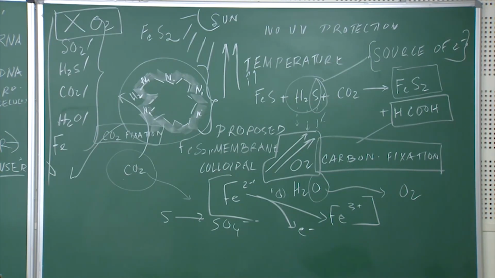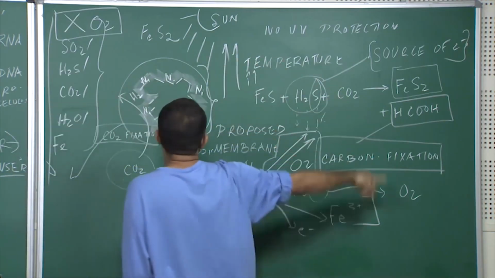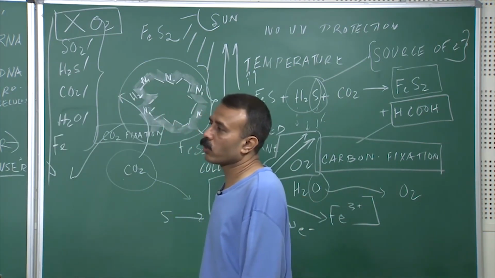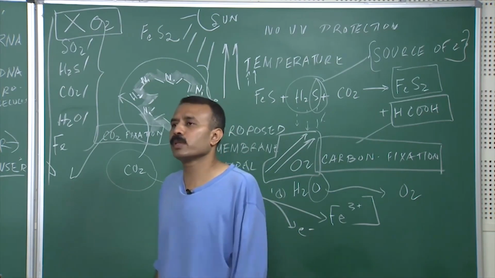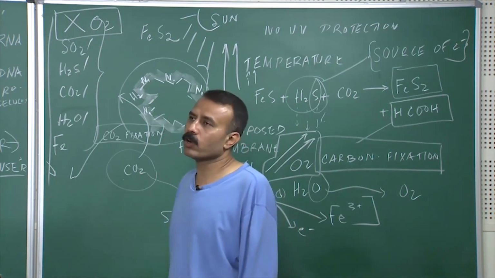Most of the primitive anaerobic microbes could not withstand the oxygen pressure and finally perished. So, all those microbes which evolved in this pre-Archean era or the Archean era started perishing because they were in no position to withstand the oxygen partial pressure, because they are not used to it.